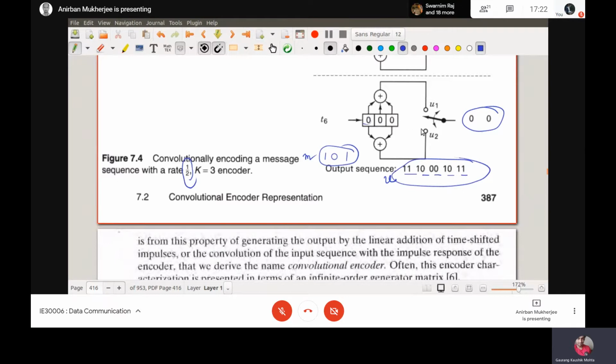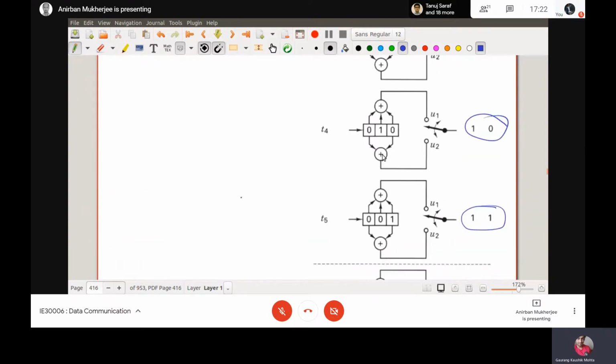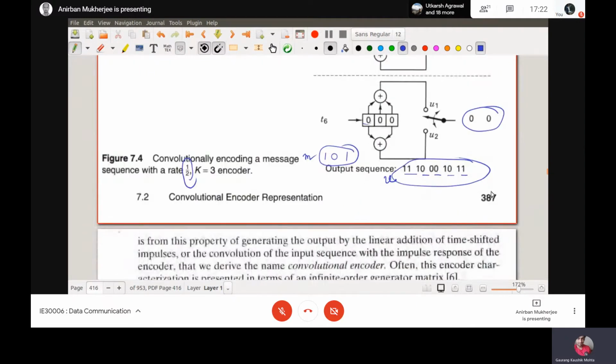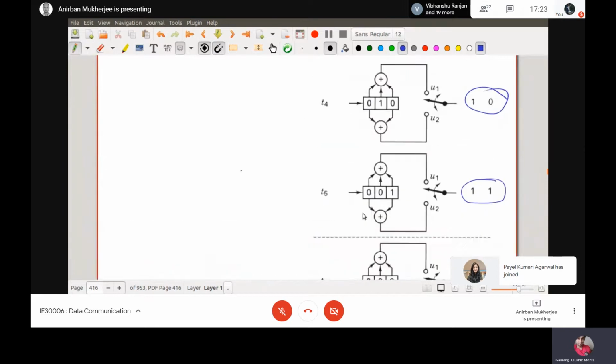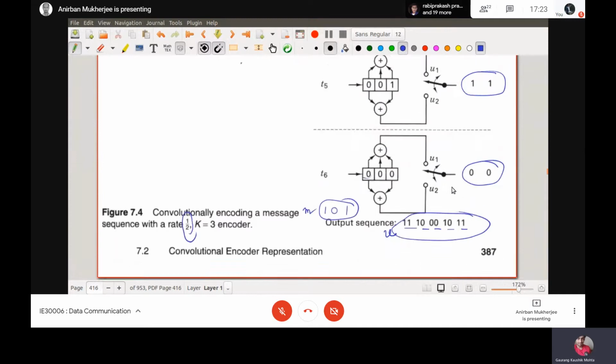Please try to understand why: in the last phase you have 2 more things to flush, that's why you have got extra bits. So don't think that M length is 3, so U length should be 6. No, the rate means that for each input you are getting 2 outputs. That is the rate.